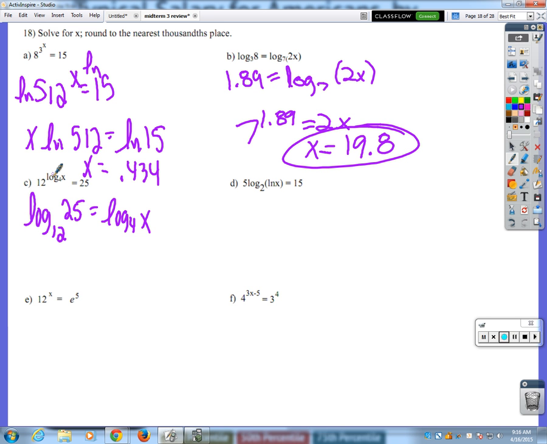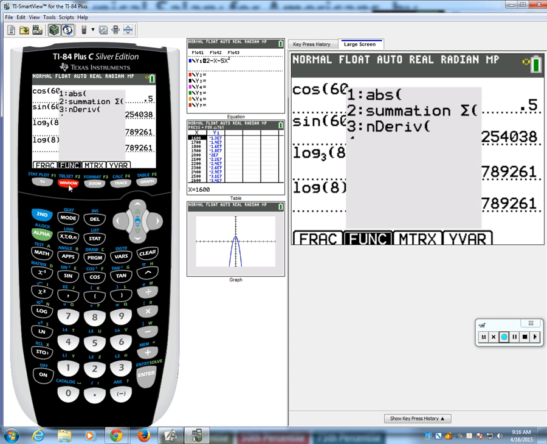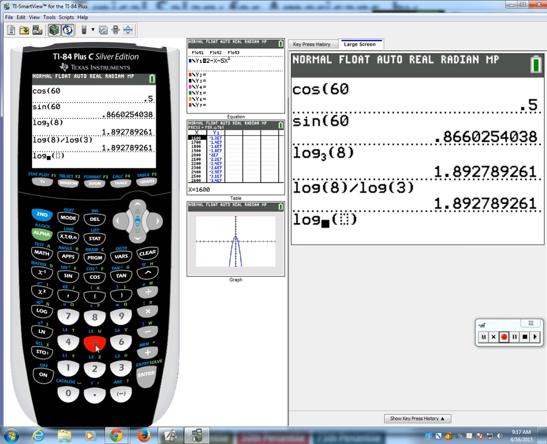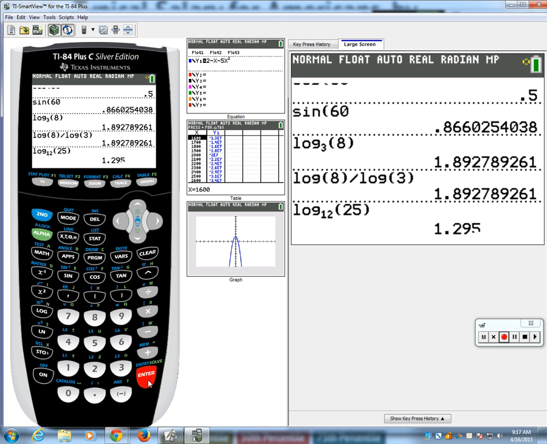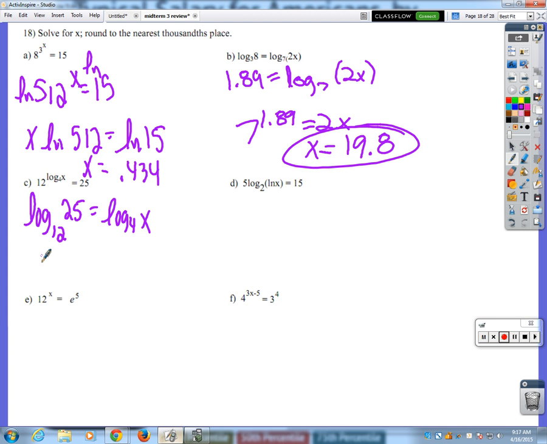On the calculator, press 5. Number 5 is log base. 12 and 25. So that's 1.295. Then after that we go 4 and then 1.29 for the rest.